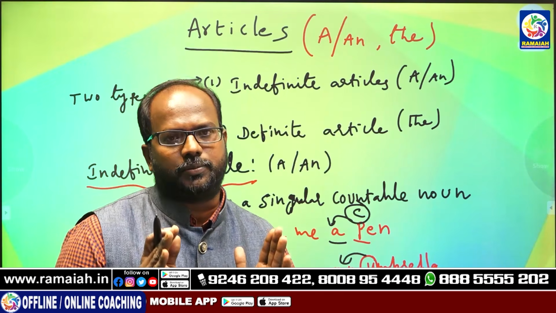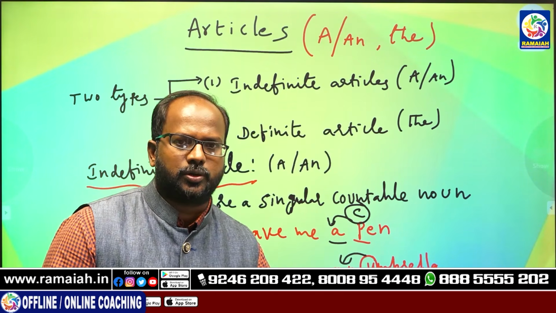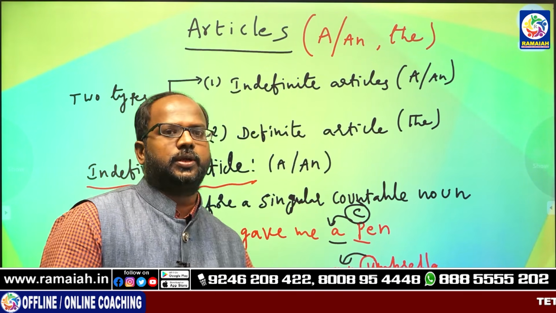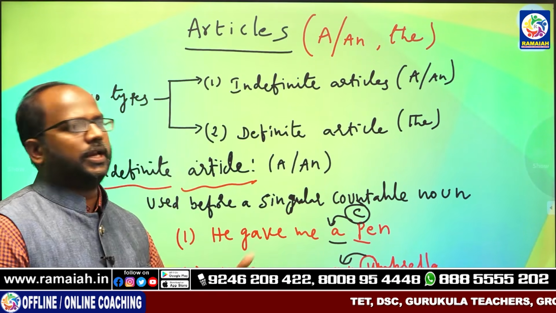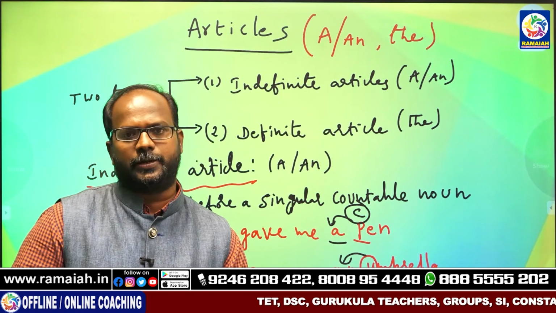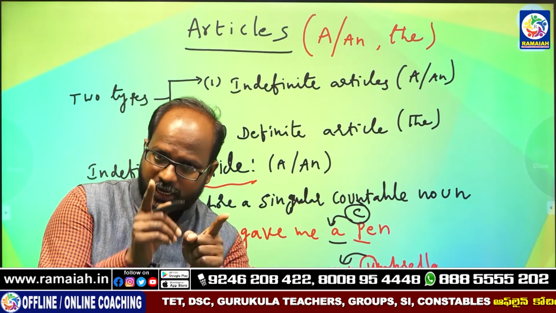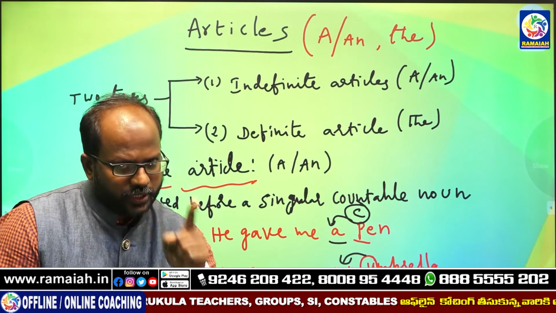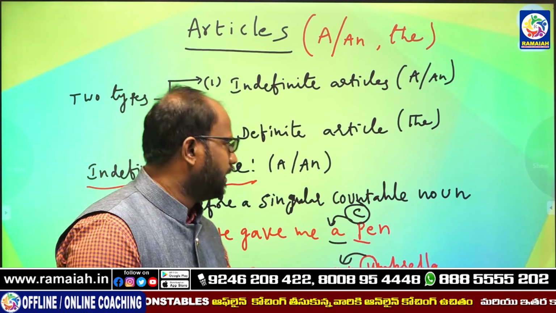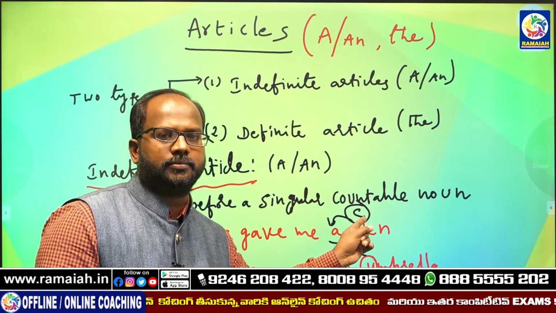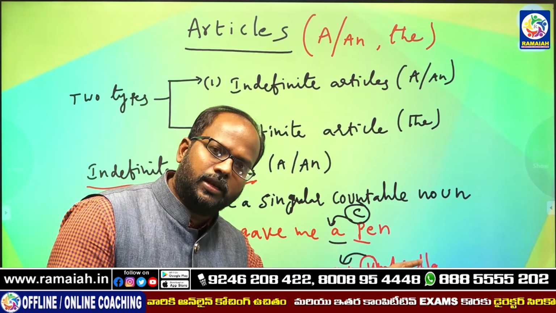ఏదైనా సింగులర్ కౌంటబుల్ నౌన్ వవెల్ సౌండ్తో ప్రారంభమైతే దాని ముందు యాన్ను, కాన్సోనెంట్ సౌండ్తో ప్రారంభమైతే దాని ముందు ఏను ఉపయోగించాలి. The first condition is very clear. If you want to use a or an, first you need to see whether it is singular and whether it is countable.